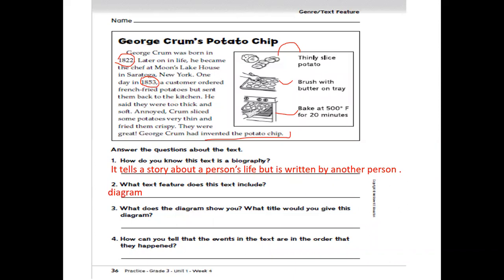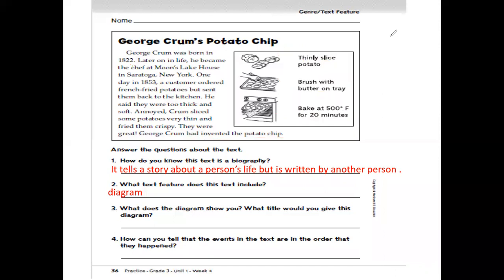What does the diagram show you? What title would you give this diagram? Let's look at the diagram. It says here: thinly sliced potato, then brush with butter on a tray, then bake at 150 degrees for 20 minutes.